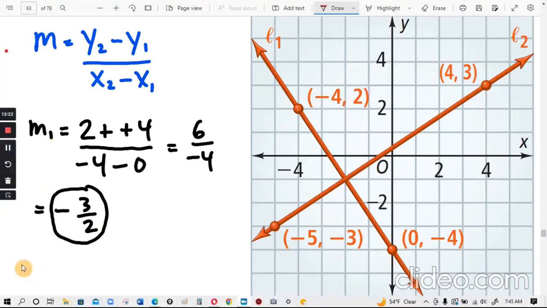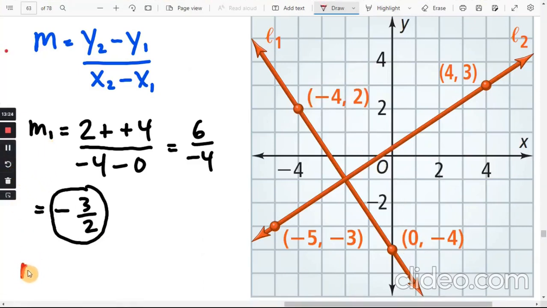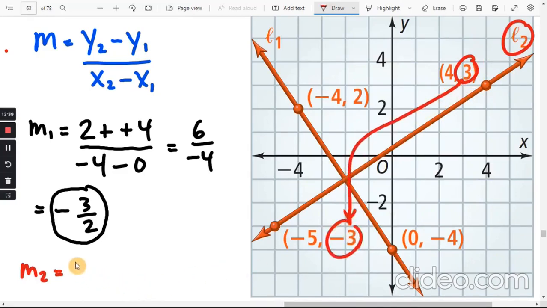All right, now let's do the slope of line 2. Change in y. This is line 2 right here. Change in y, it's going to be 3 minus negative 3. Okay, 3 minus negative 3. And change in x is going to be 4 minus negative 5.